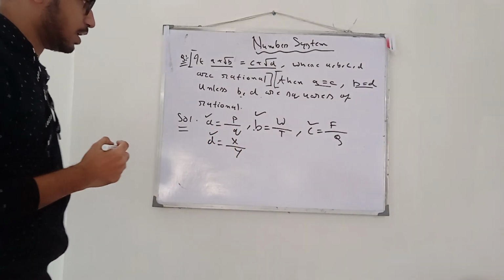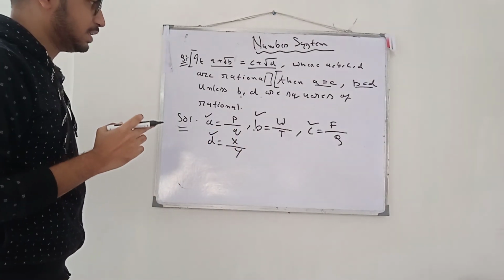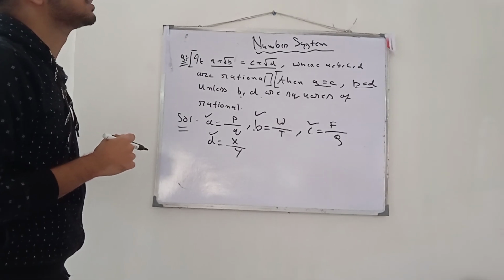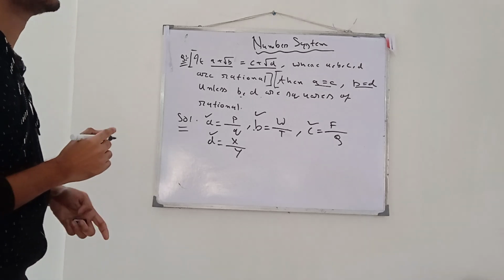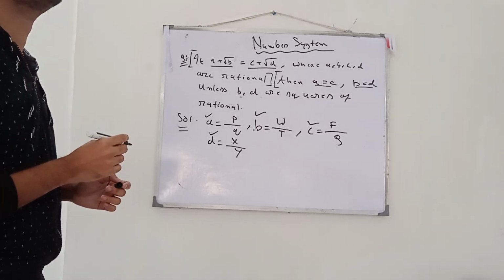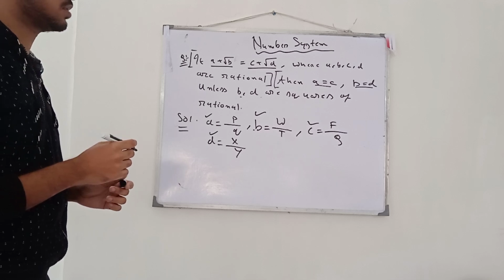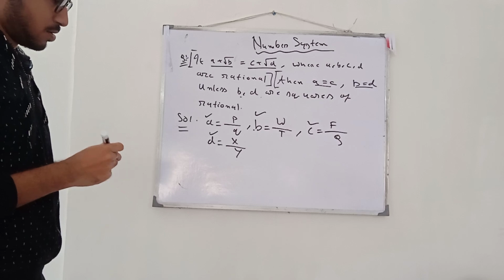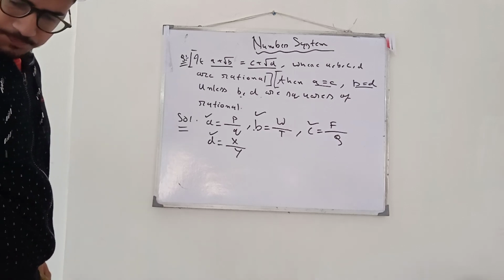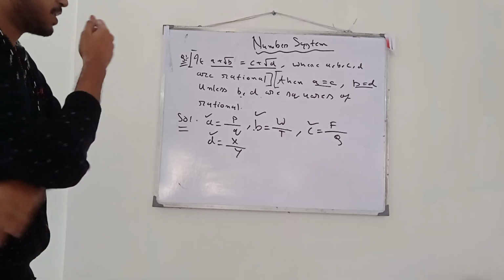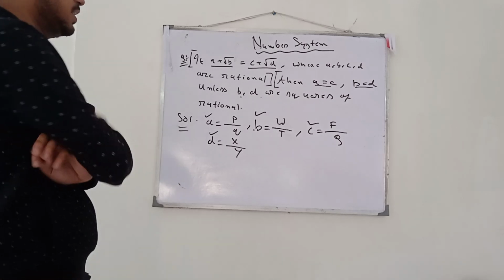What is the meaning of unless b and d are squares of rational? Squares of rational means what?